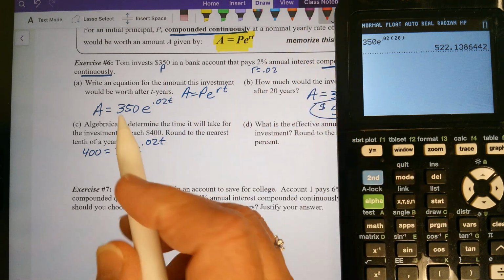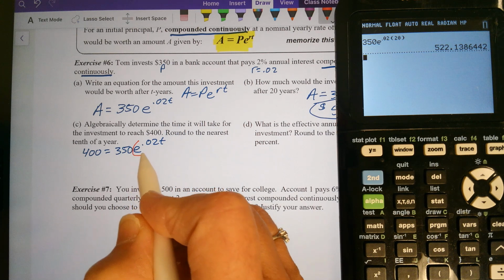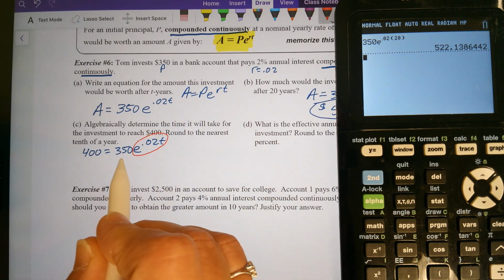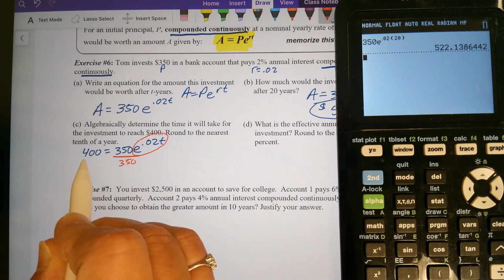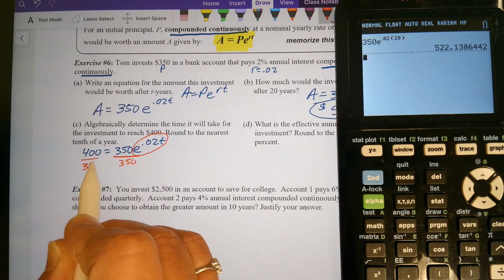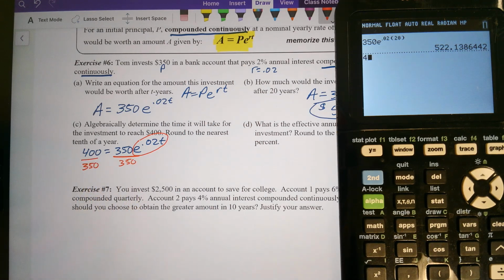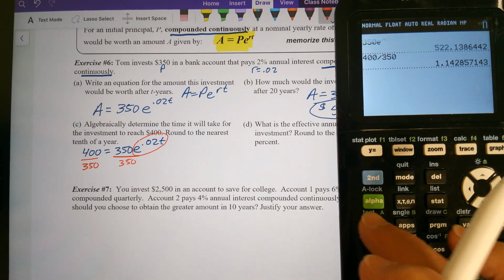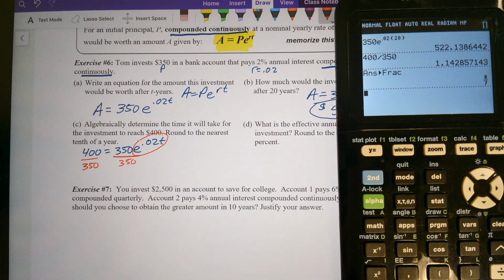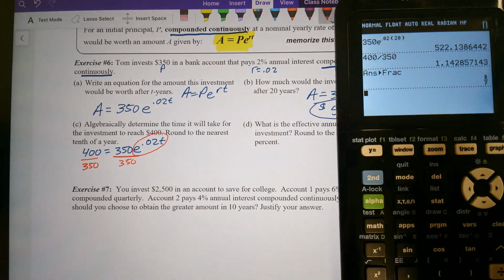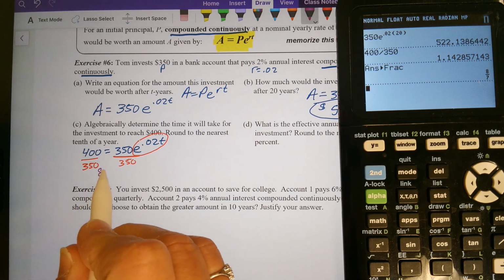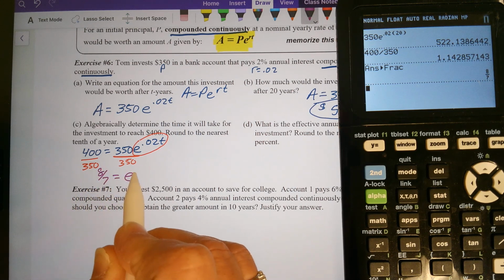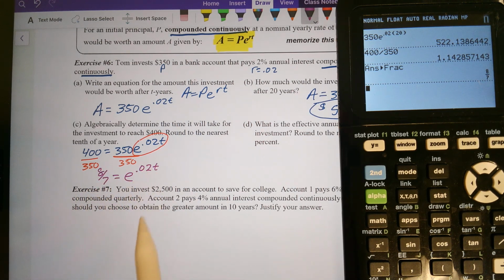So we want to get our base and exponent by itself. So we have 350 times, undo the multiplication by dividing: 400 divided by 350, I'll math rack that, 8/7. Switch colors. 8/7 is equal to e to the 0.02t.